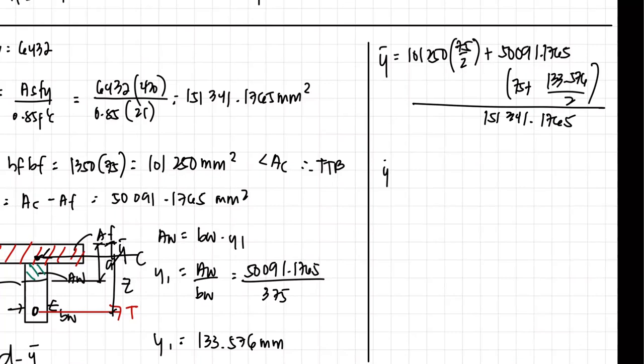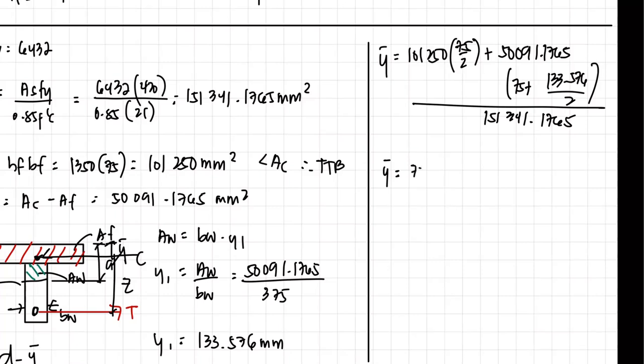So bar Y is equals to 101,250 times 75 over 2 plus 50,091.1765 times 75 plus 133.576 over 2, divided by the AC 151,341.1765.